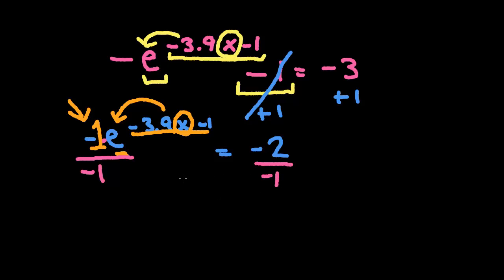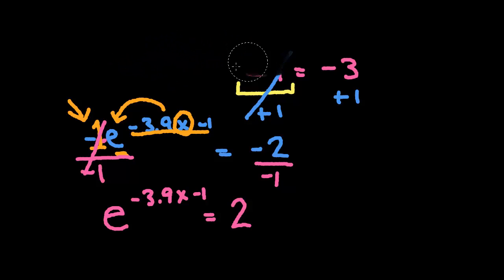What we do to one side we'll also do to the other, so we're going to cross that off. So now we're going to have positive e to the -3.9x minus 1 equals a positive 2. Let's give us some space up here.